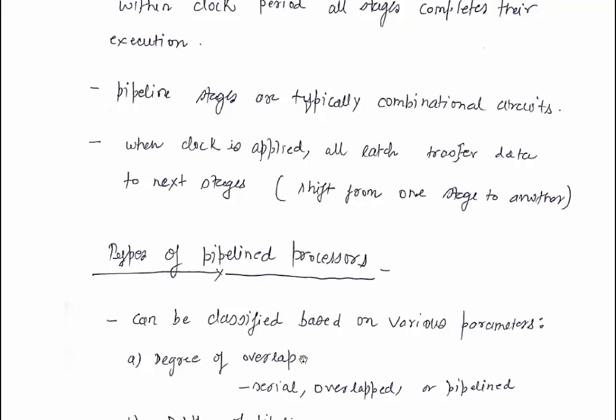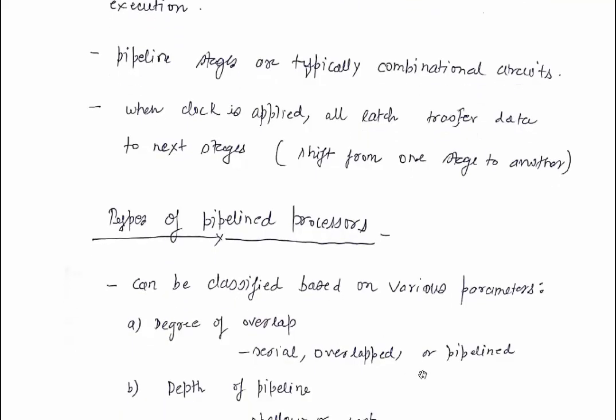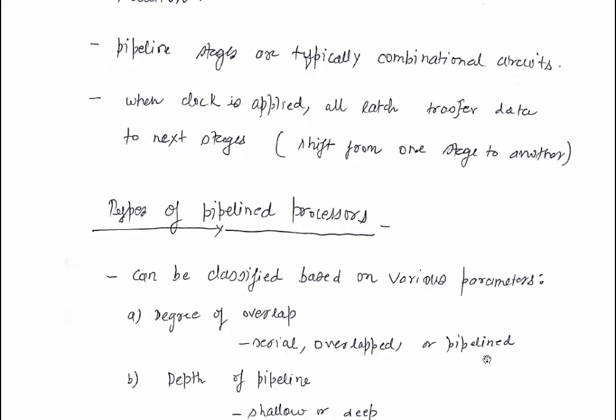The first classification is degree of overlap, how the instructions are getting overlapped. A pipeline can be serial, it can be overlapped, or it can be pipelined. You will understand this in due course of time: overlapped can be linear, and pipelined may be linear or non-linear.